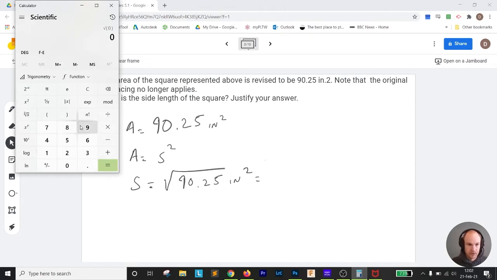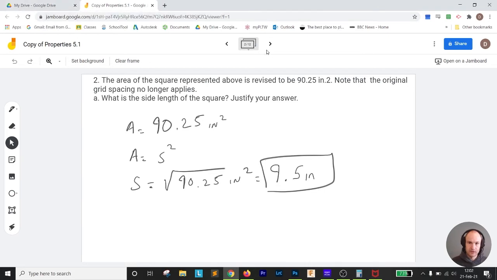Square root of 90.25 equals, get square root. There we go. Equals 9.5. 9.5 inches. So that is the answer for each side. And we're going to have to remember that going through our list here.